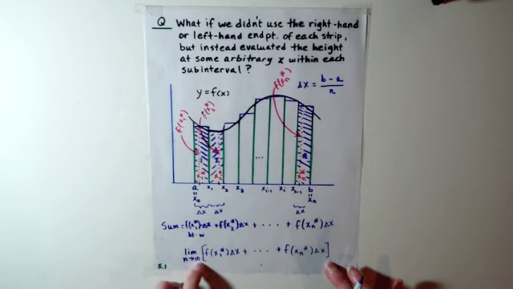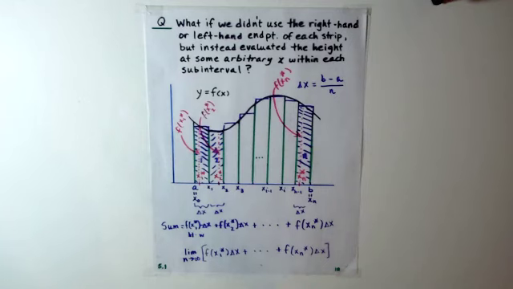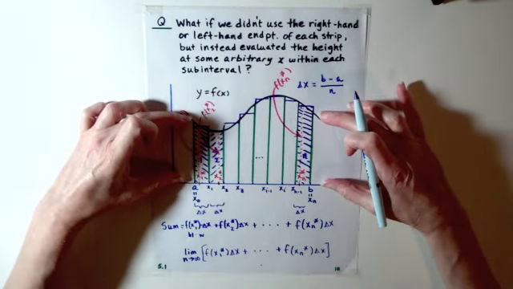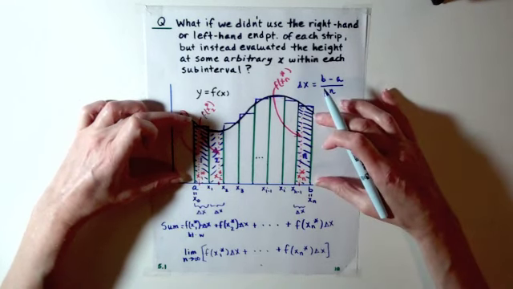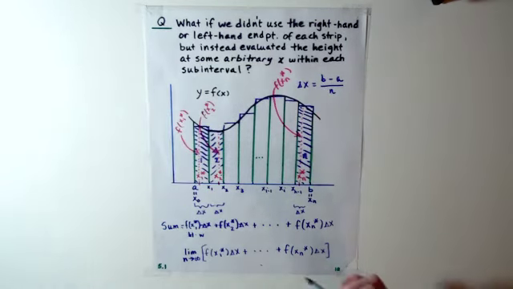As n goes to infinity and the rectangles become more and more numerous, and each rectangle becomes skinnier and skinnier, the widths shrink towards 0, will this still eventually give me the area under the curve? So when I find the limit as n goes to infinity, the question is, will I get the exact area under the curve? And the answer is yes.